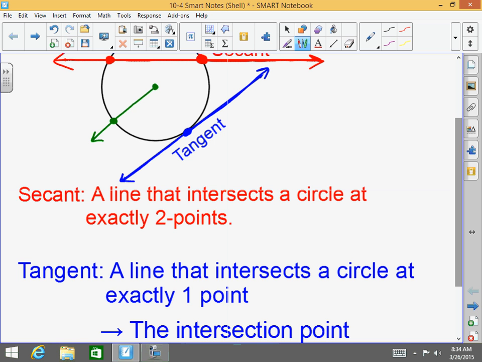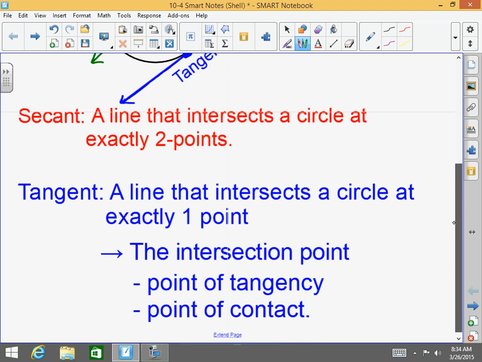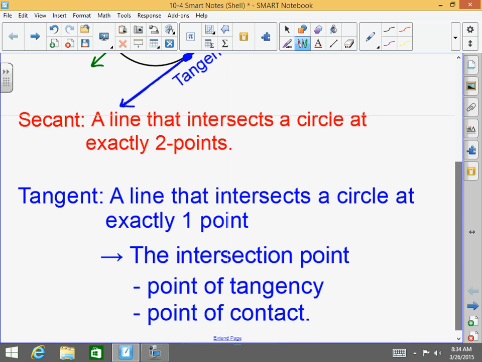So a tangent line is an external line that hits or intersects the circle at 1 point exactly. And this 1 point is called a point of tangency or a point of contact. But again, the tangent is an external line. It's not internal.